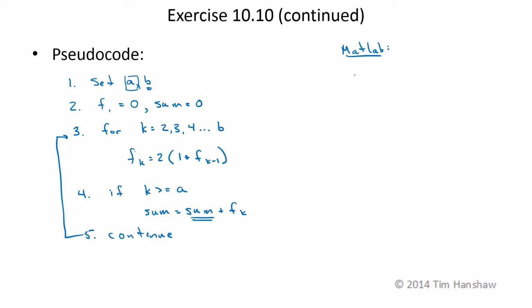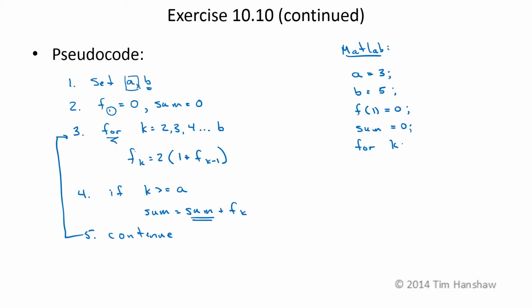To set a and b, to do my example, I'll set a equal to 3, b equal to 5. For f, the subscripts are going to become elements in an array in MATLAB, so f of 1 is equal to 0, and sum is equal to 0. Now I've built in the fact that I'm going to use a for loop.